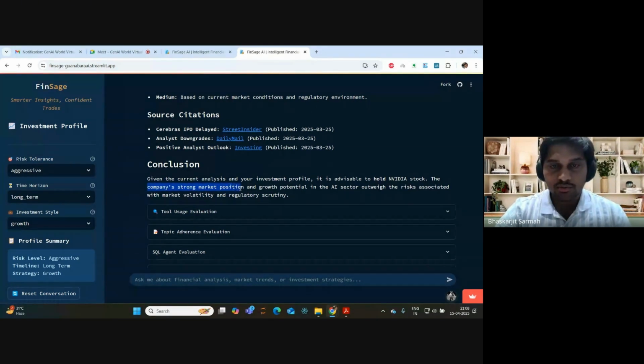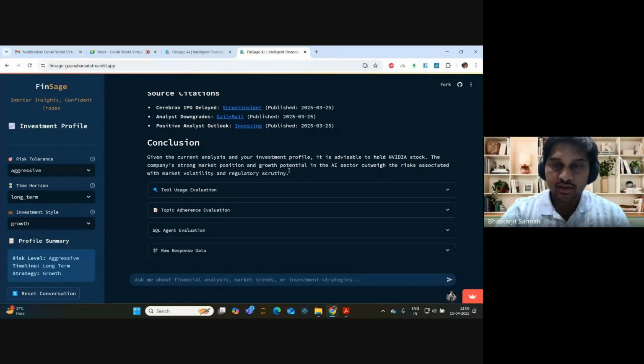The company's strong market position and growth potential in the AI sector outweigh the risk associated with market volatility and regulatory scrutiny. It is again up to the trader whether they want to use this information while taking a decision or not. But we are crunching all of this different information from different data sources and giving meaningful, actionable insights.